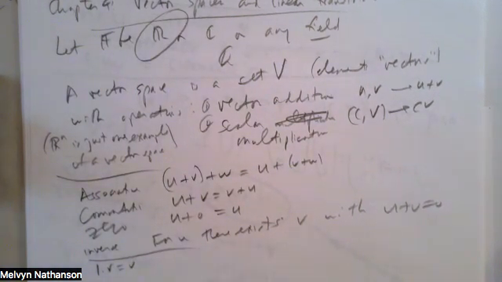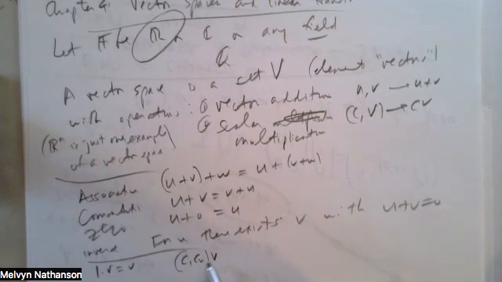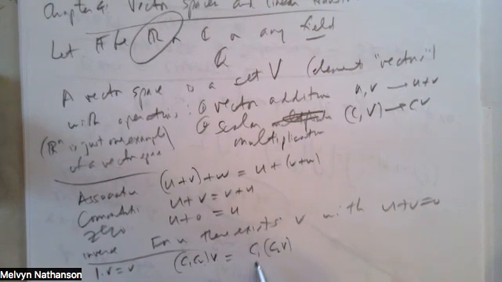And scalar multiplication has to also satisfy nice properties. 1 times any vector is the vector. There's a kind of associativity. You multiply two scalars, C1, C2, and multiply the vector by that. That's the same as taking the vector v, multiplying it by C2, and multiplying that by C1.